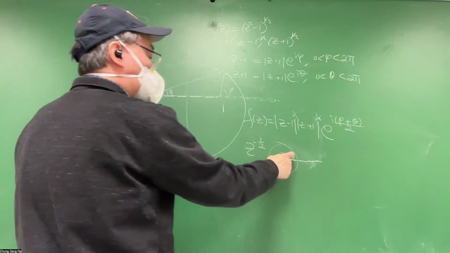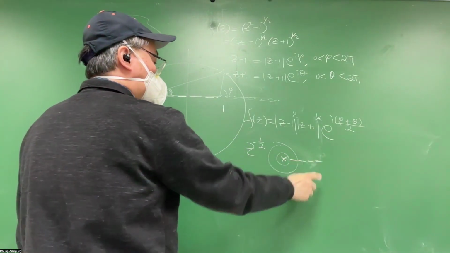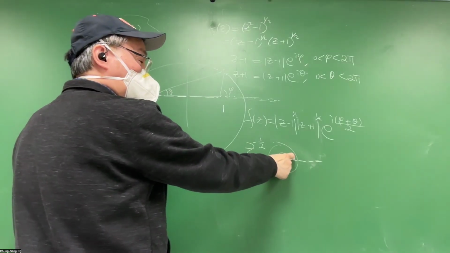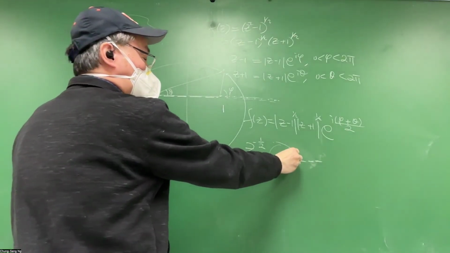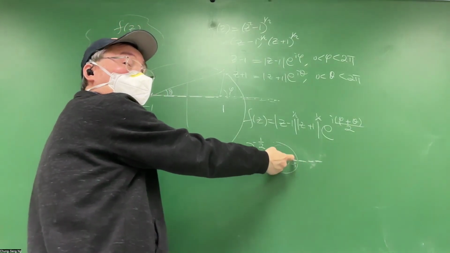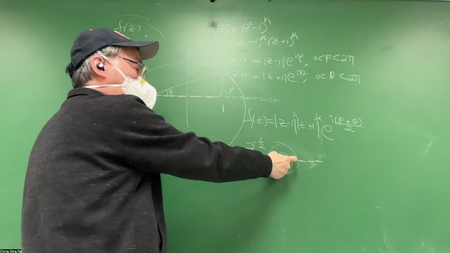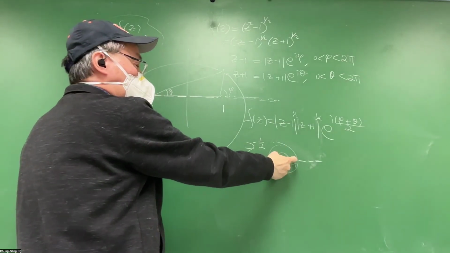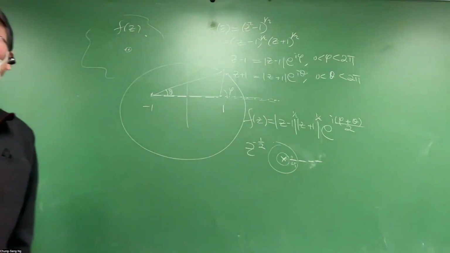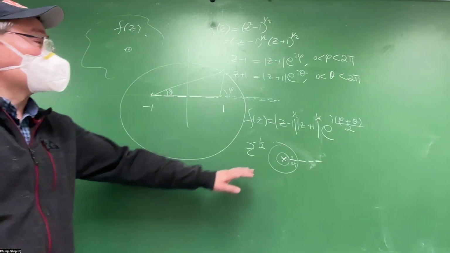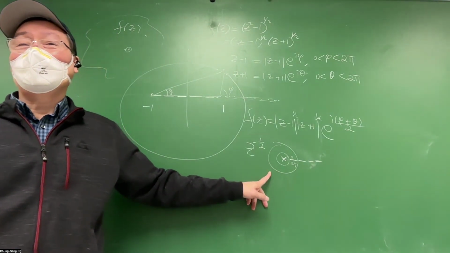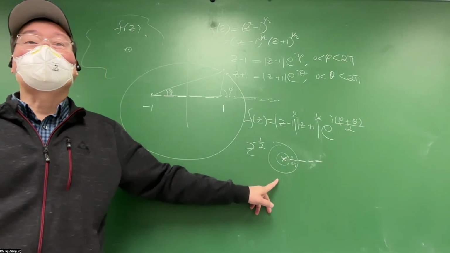If you redefine your function with a branch cut, then the price to pay for this is the function will be discontinuous. Say theta is 0 here, theta is 2 pi here. The function has a jump. You go around, define your function like that, go from 0 to 2 pi, it has a jump. Then obviously you cannot use a series expansion to represent it because a series expansion doesn't have a jump.